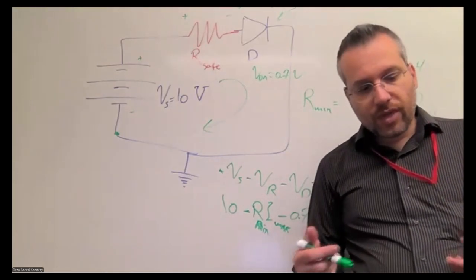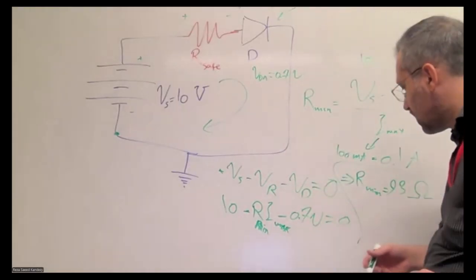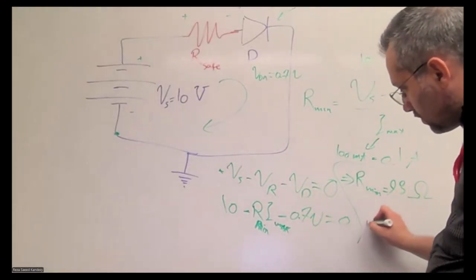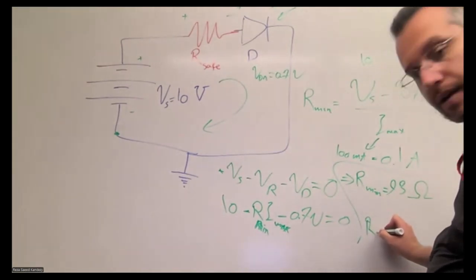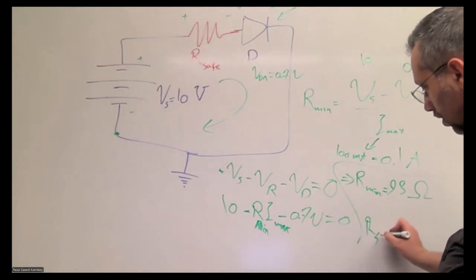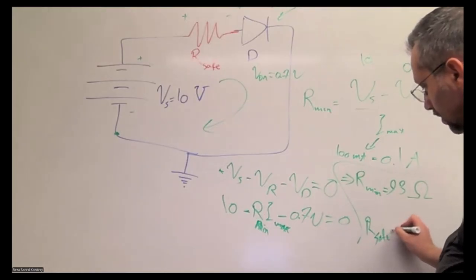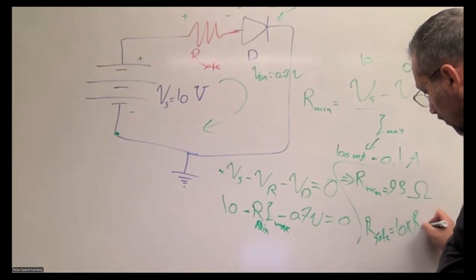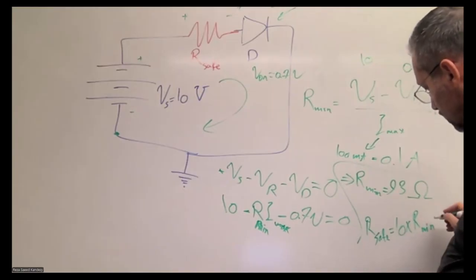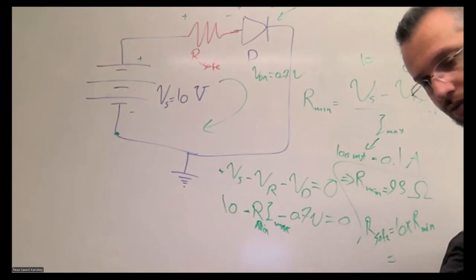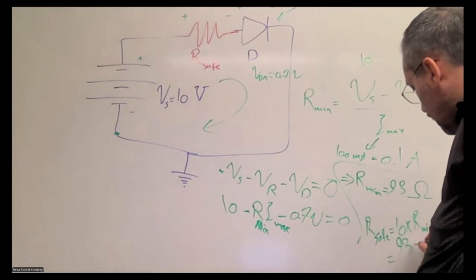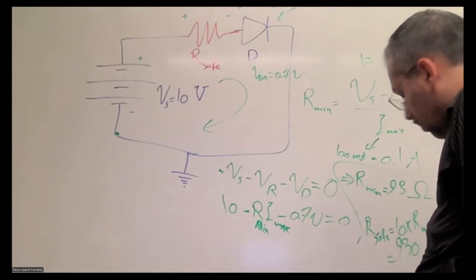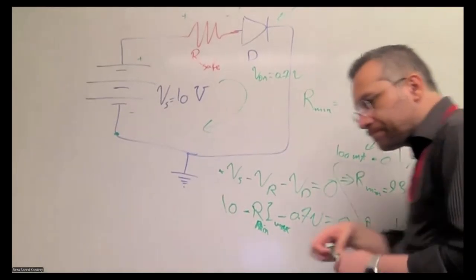For this example, we are going to apply a 10 as a safety factor. That means we consider our safe resistance as 10 times our minimum resistance, which is 930 ohm, close to 1K.